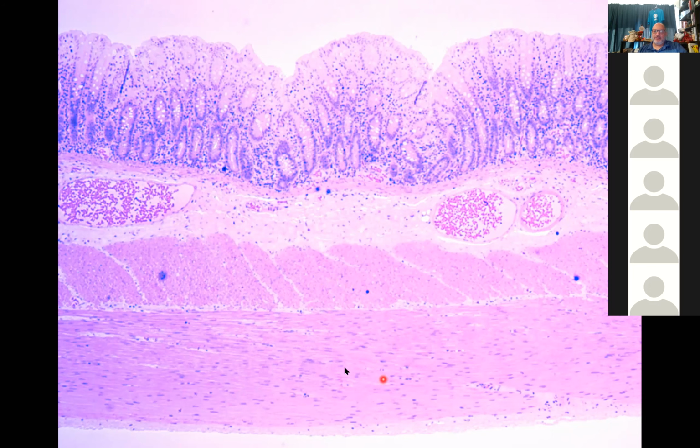And what is the plane of section of this layer? Sagittal. Okay, sagittal is not bad, but really in simplicity, it's just longitudinal. They call that a longitudinal section, right?